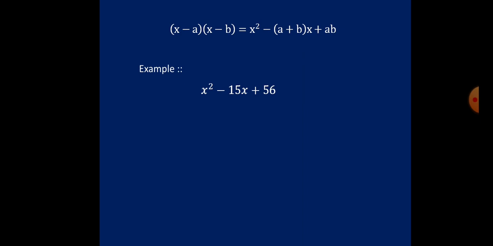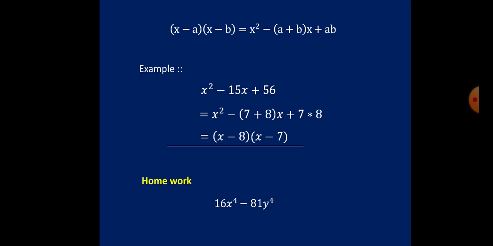As you can see, 15 can be expressed as 7 plus 8 and 56 as 7 times 8. Well, this fits into the identity x squared minus (a plus b)x plus ab. So this expression equals (x minus a)(x minus b), or (x minus 8)(x minus 7). Okay? Now you have a homework. Factor this expression: 16x to the power 4 minus 81y to the power 4.